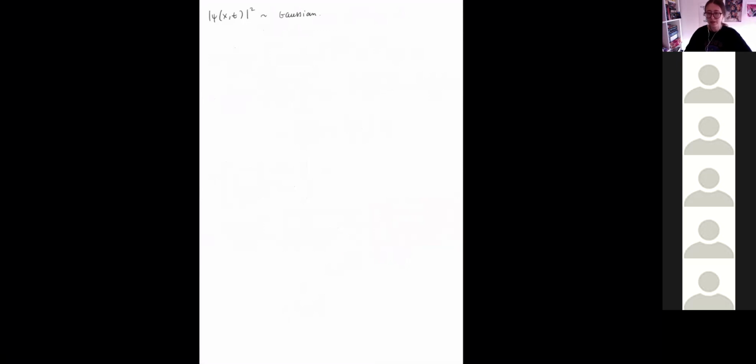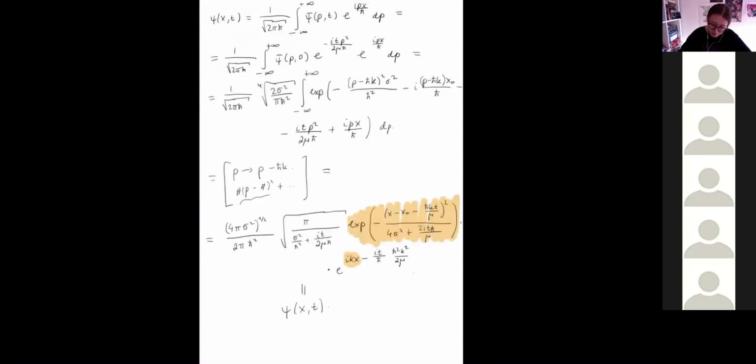However, even without explicitly calculating the mean value of x and the mean value of p at time t, we can already see what these values are just from the shape of the function. So we have psi of x, t. Let's ignore some coefficients that are here, and let us just take this part.